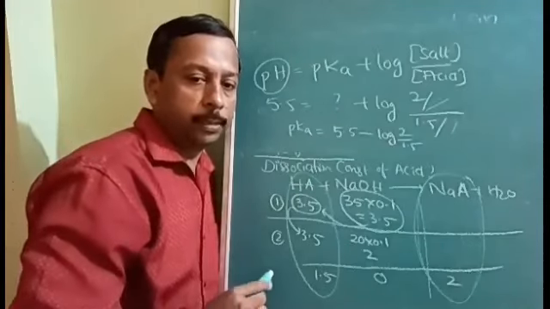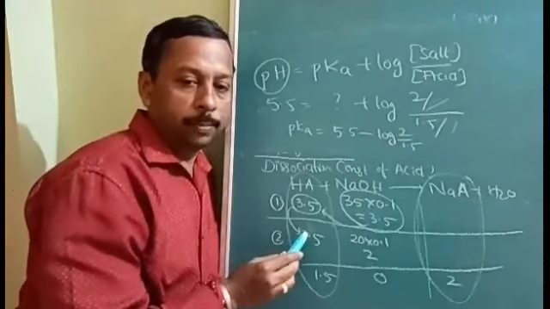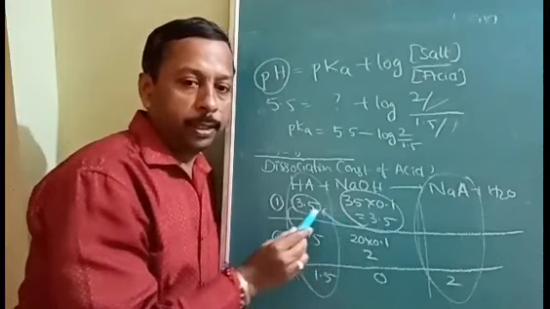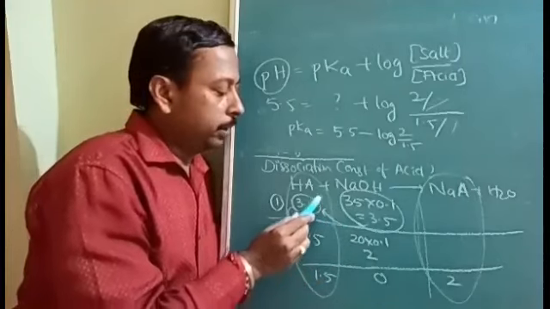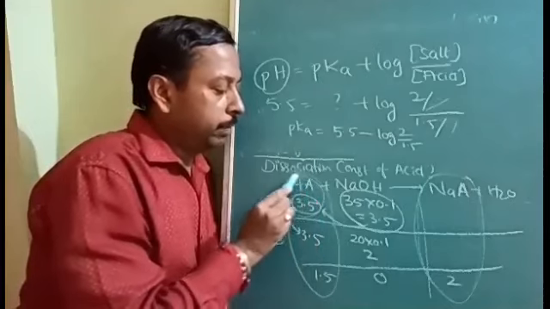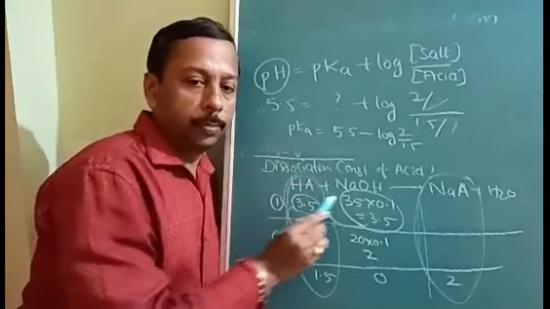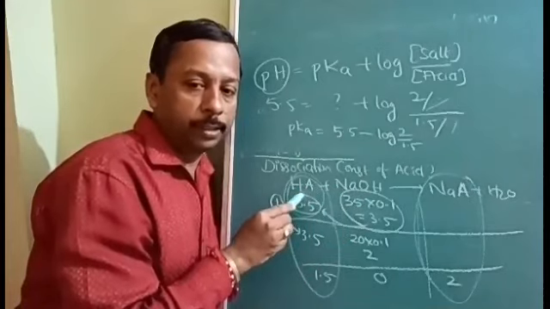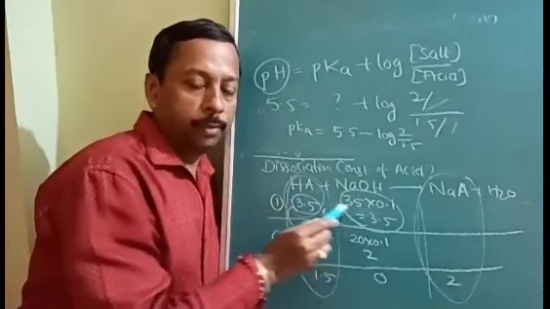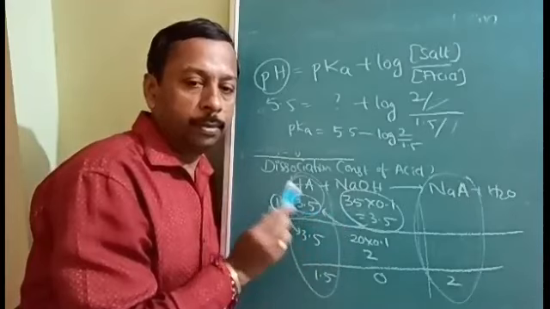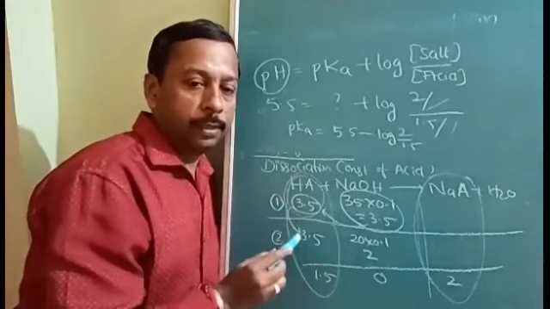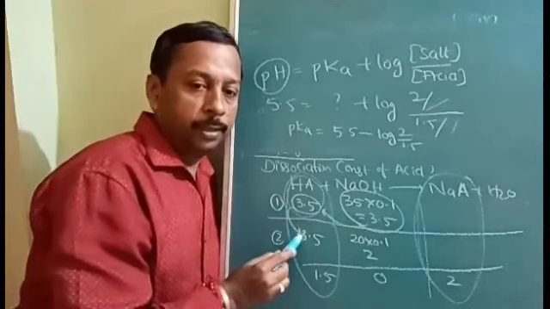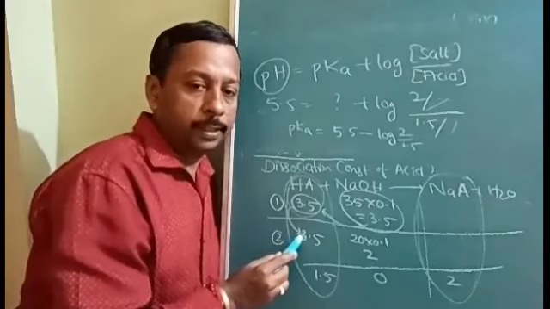Once again I am explaining. At the equivalence point, we find the equivalent moles of HA, because at the equivalence point the equivalent moles of base must be equal to the equivalent moles of acid. This was 3.5, so this will be 3.5. Now 3.5 equivalent moles of acid are available.